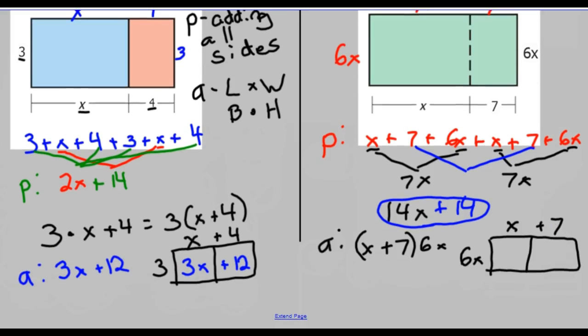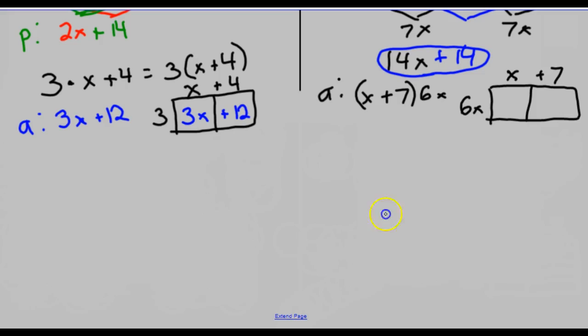Now if we are multiplying these, here we have 6x times what's actually 1x. So 6 times 1, that's 6. But now we have x times x. So basically it's saying we're doing x times x, which if we wanted to simplify that, it would just look like x squared.